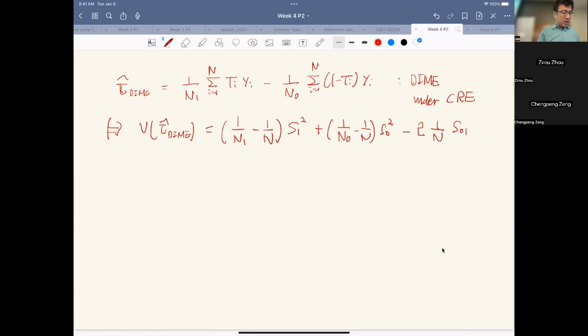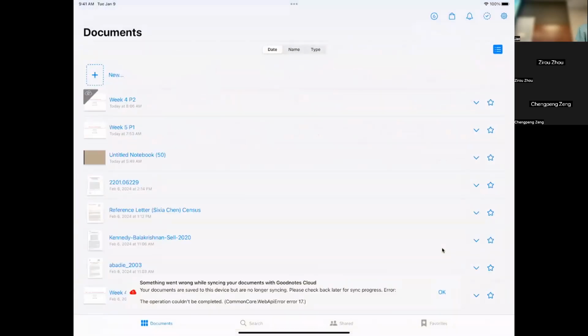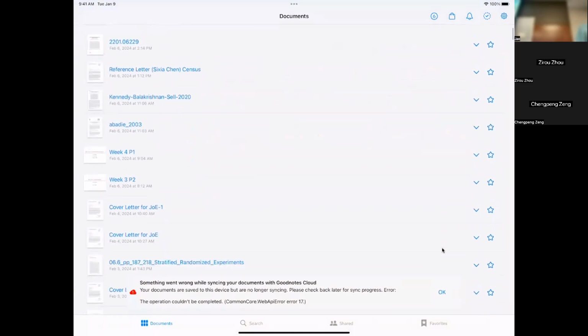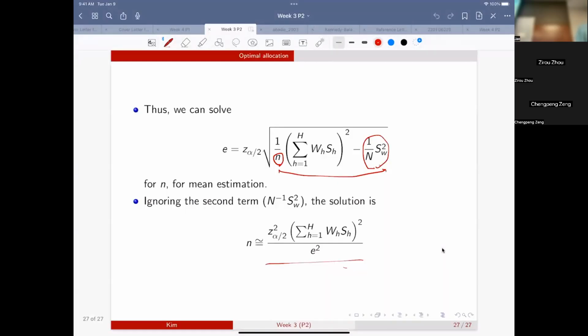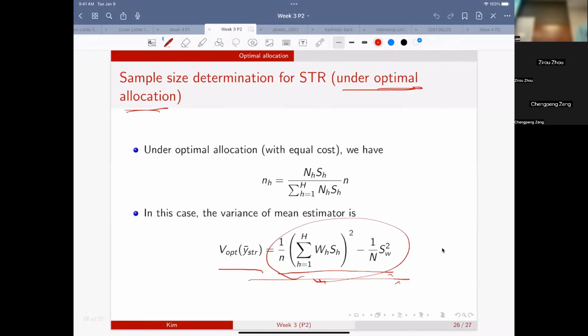Let me try to see where we got this formula before. I think we got this in week 3, right? No, week 2.